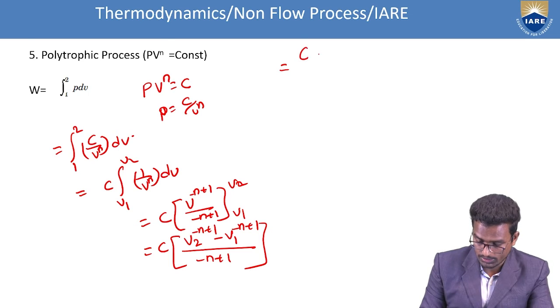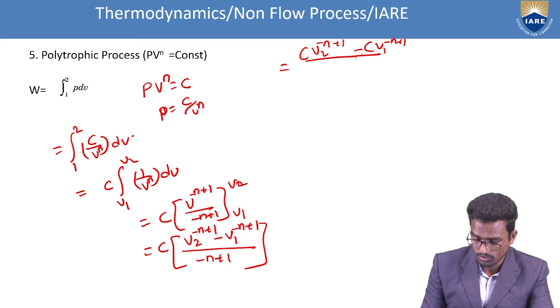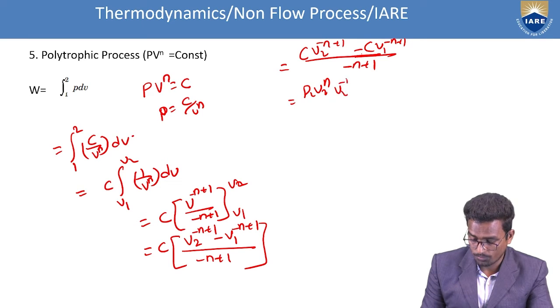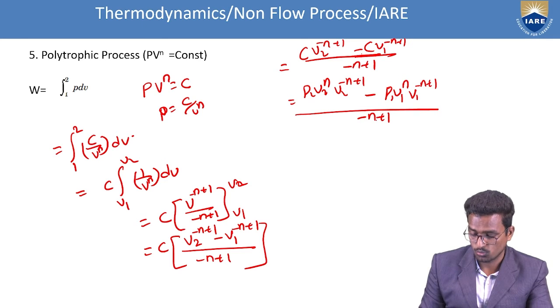C into V2^(-n+1) minus C into V1^(-n+1), by (-n+1). Substitute the C values: in place of C, you substitute P2 V2^n and P1 V1^n, giving P2 V2^n into V2^(-n+1) minus P1 V1^n into V1^(-n+1), by (-n+1).